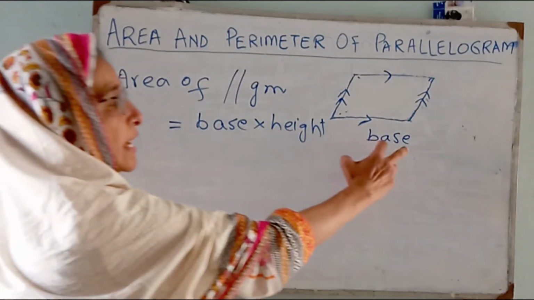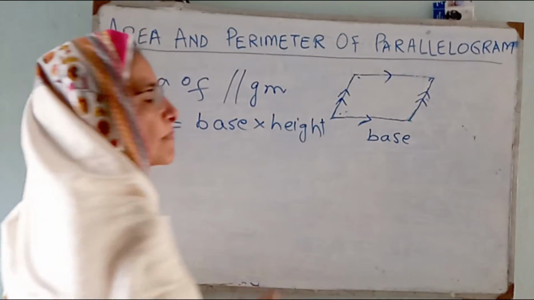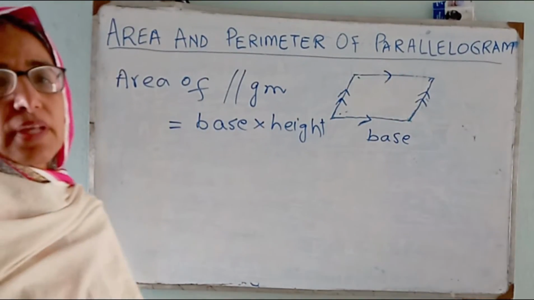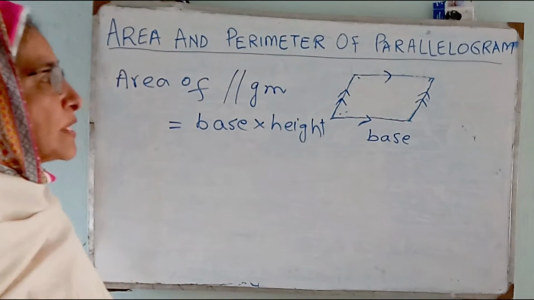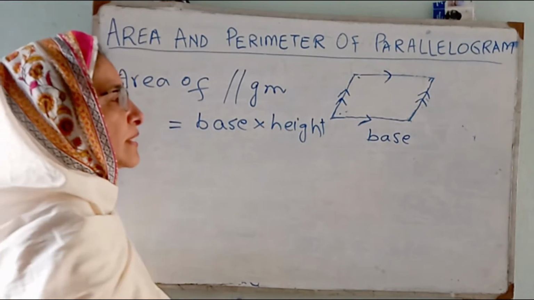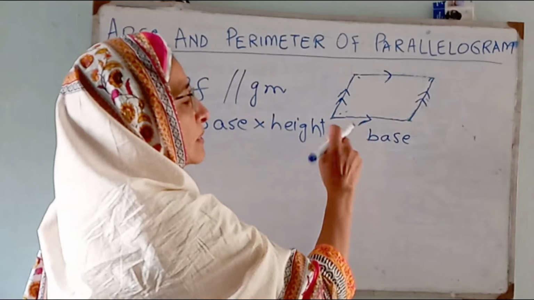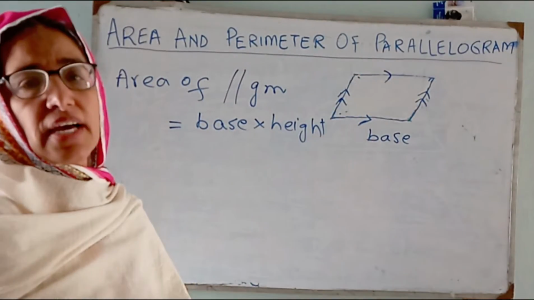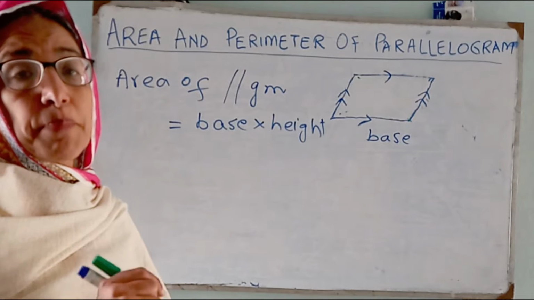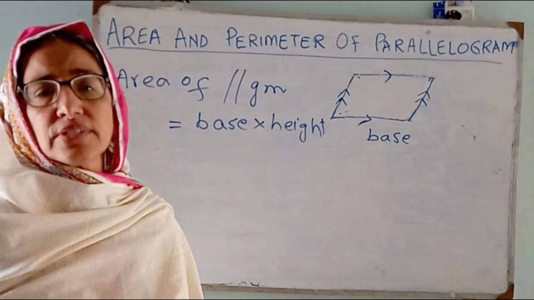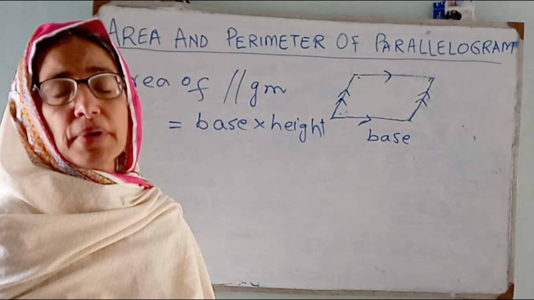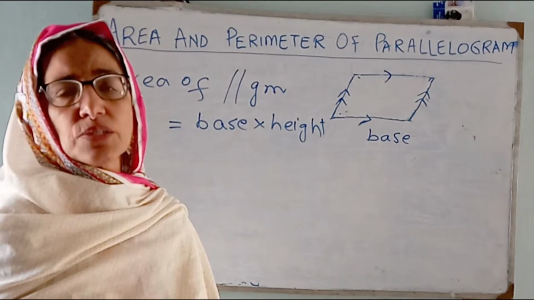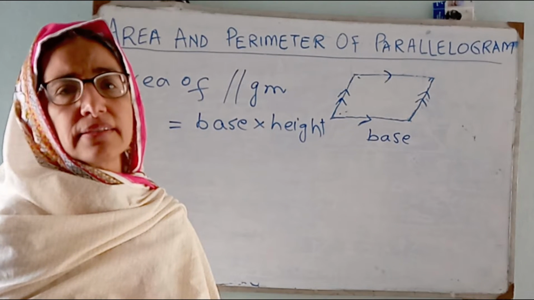Now we can take any side of a parallelogram as the base, but what about the height? The height is the perpendicular distance from the base to the opposite side of the parallelogram. When I say perpendicular, perpendicular means a line which is making a 90-degree angle, right?